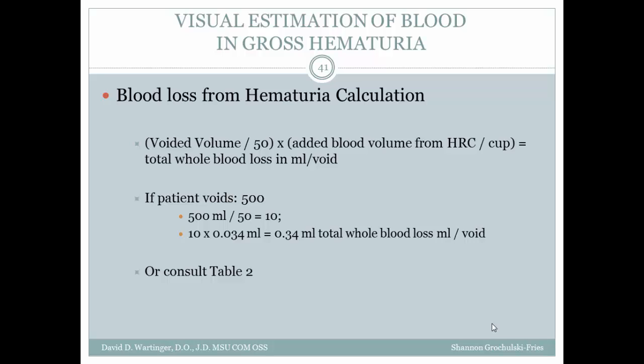The formula is the voided volume divided by 50 multiplied by the amount of blood added per specimen cup equals the total whole blood loss in milliliters per void, or simply consult Table 2.